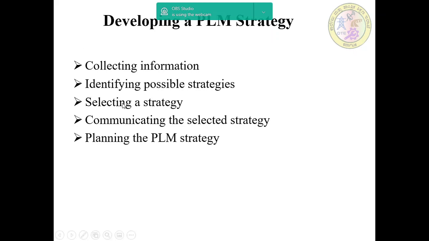Next we will go for selecting a strategy. Selecting a strategy is the third step. In this, potential strategies are evaluated and tested, and the most appropriate strategy is selected and documented.